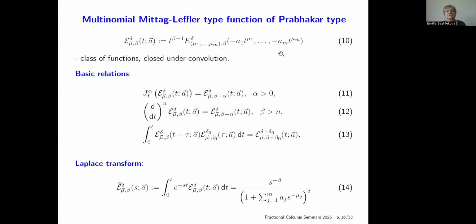These functions form a class which is closed under convolution. And these basic relations are valid for this function. Combining the first two of them, we can give a relation for fractional order differentiation of this function, and the third relation gives the representation of the convolution of two functions of this type.